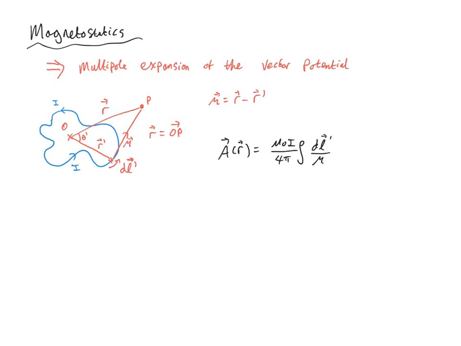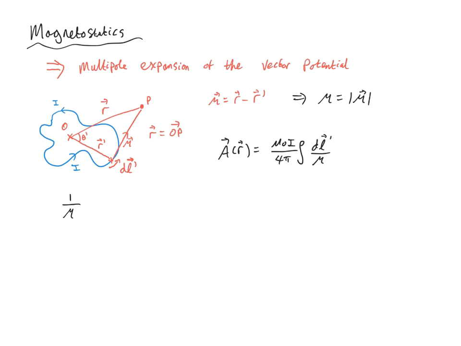To do that, I'm going to borrow a result that we calculated in a previous lecture, when we were doing the multipole expansion for the electrostatic potential. Let's look at 1 over script r. Let me remind you, if script r is r minus r primed, then script r itself is just the modulus of this.